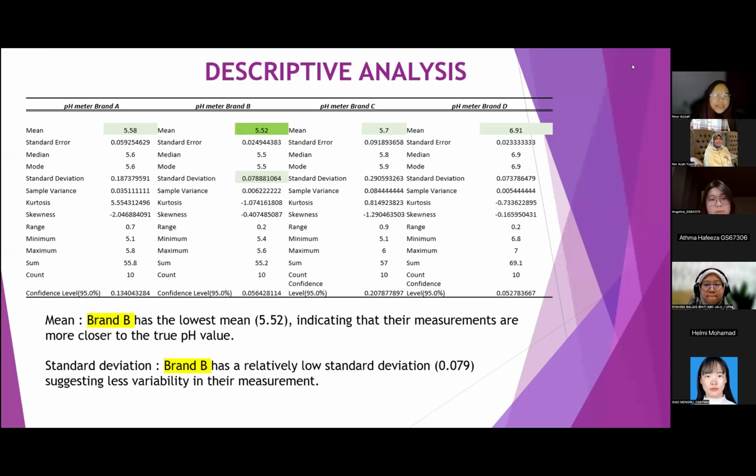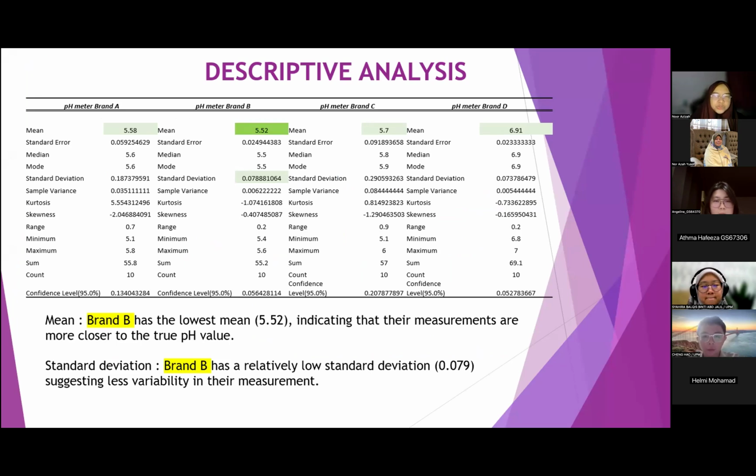Okay, Assalamualaikum and very good evening. Okay, my part is on descriptive statistical analysis. Before that, descriptive statistical analysis provides a summary about the sample and also about the observations that have been made. You can see there is a mean, standard deviation, variance, and also confidence level inside the descriptive statistics.